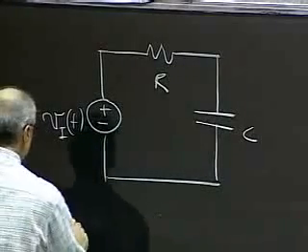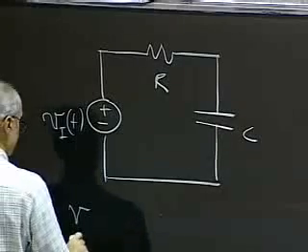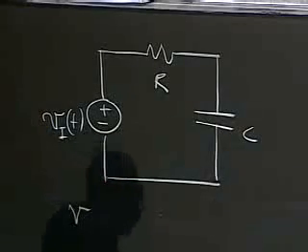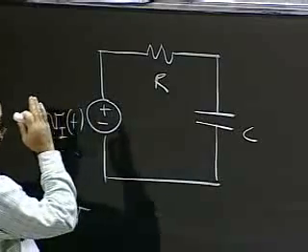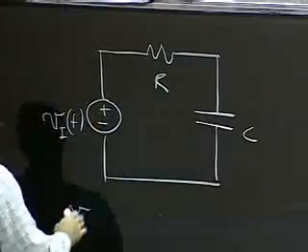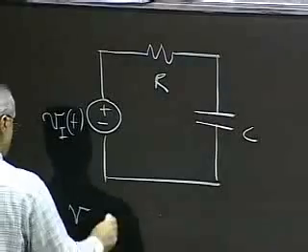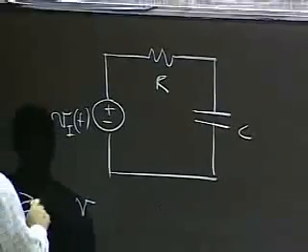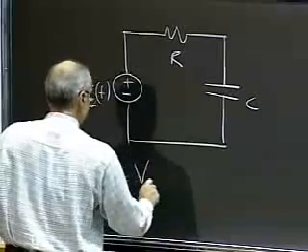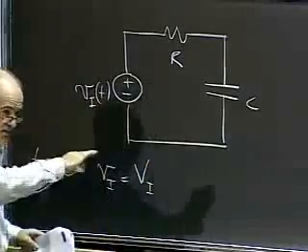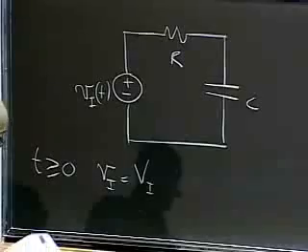We've solved this problem for the case of a step input, in which at t greater or equal to 0, Vi is equal to some capital Vi value that from now on is constant.